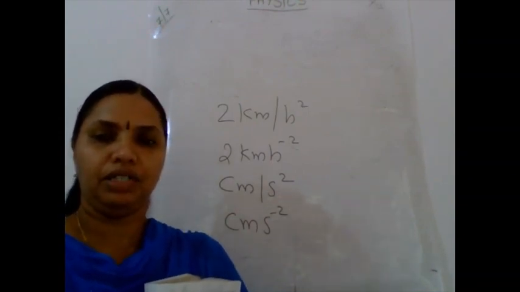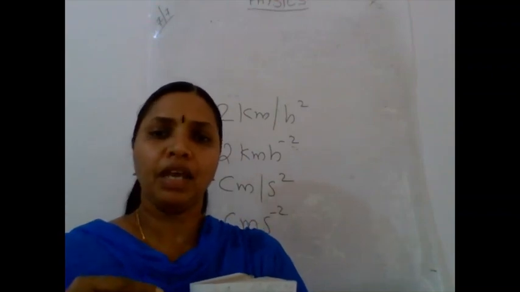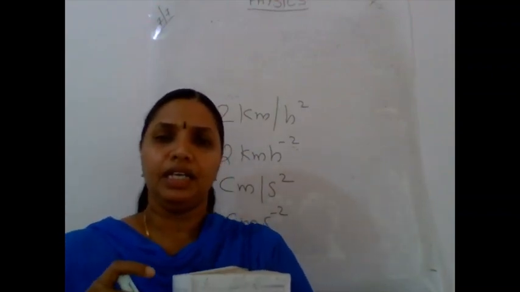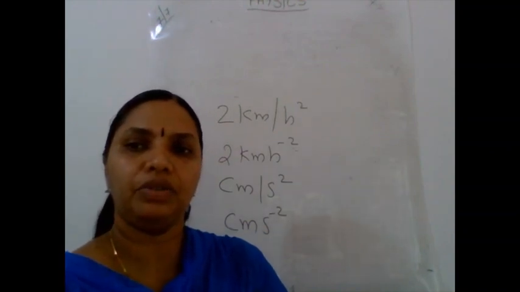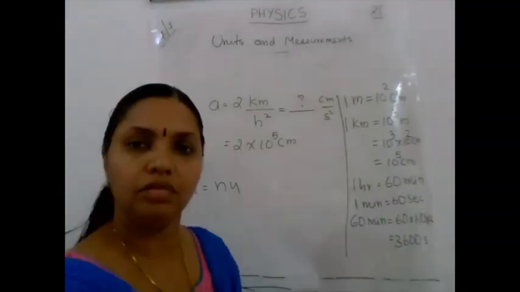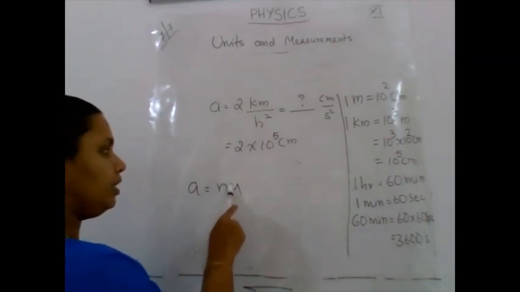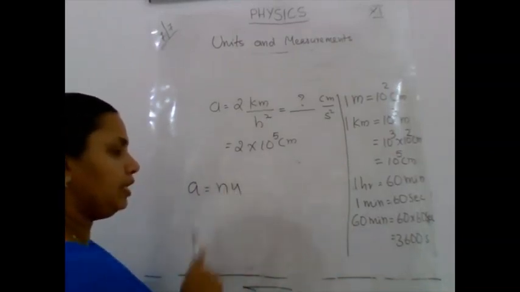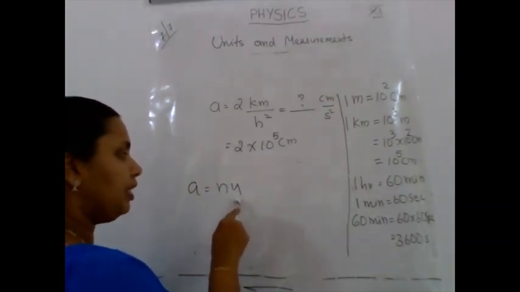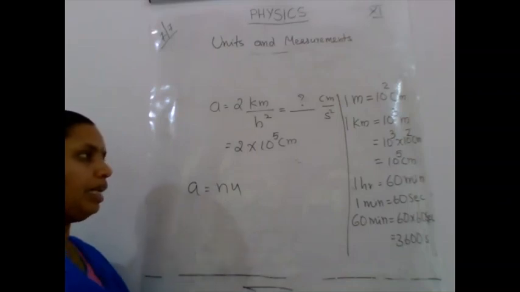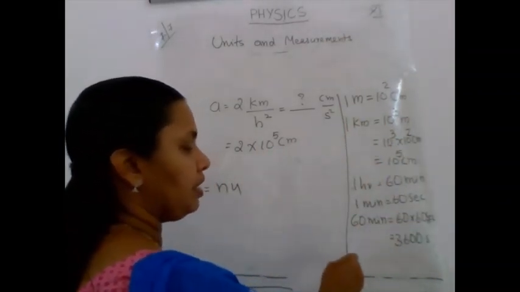So how to convert this? After discussing this problem, that exercise question will be easy for you. Okay, so let us see how to solve this. Here A is equal to nu, where n is the numeral and u is the unit, isn't it? And we studied that as the unit increases, the numeral decreases. So the same thing, I am using the prefix for the conversion.